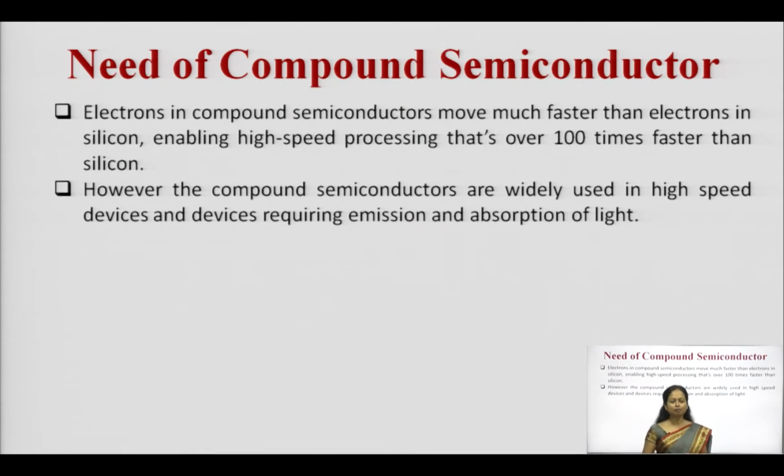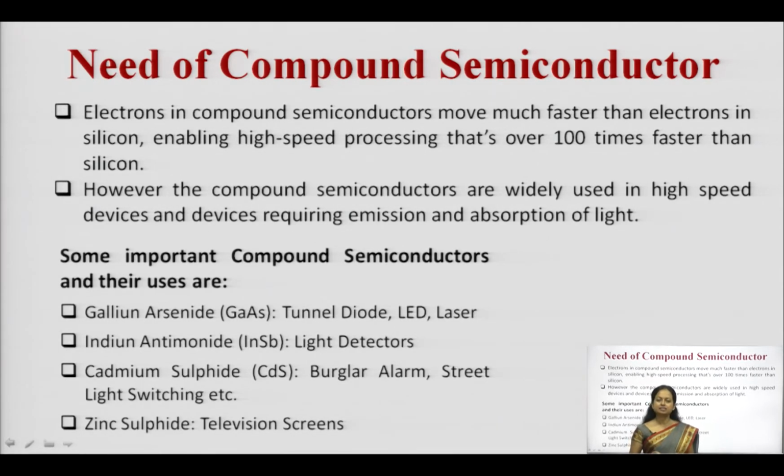That is a very important fundamental, and compound semiconductors are widely used in the fabrication of high speed devices and those types of devices which require emission and absorption of light. So, these are the very important applications of the compound semiconductors.